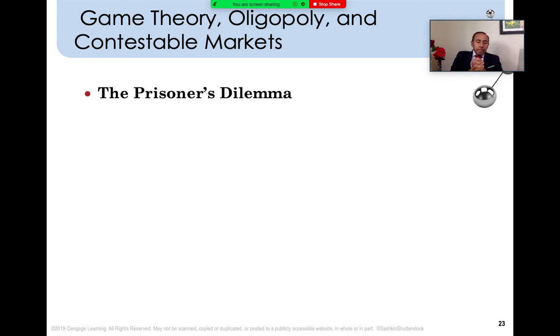Game theory analyzes the dilemma individuals often face in the act of cooperation, or in the act of working together, or maximizing profits, or working individually. And one of them is analyzed in what is called the prisoner's dilemma game theory payoff matrix. The prisoner's dilemma payoff matrix analyzes two individuals whose actions are interdependent, not independent, which means that whatever they do, their actions are going to affect one another.